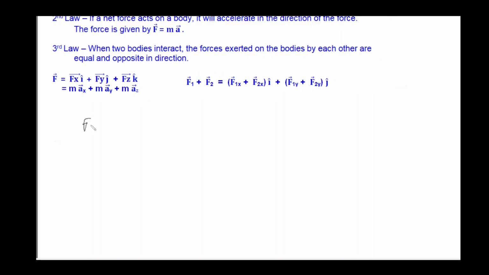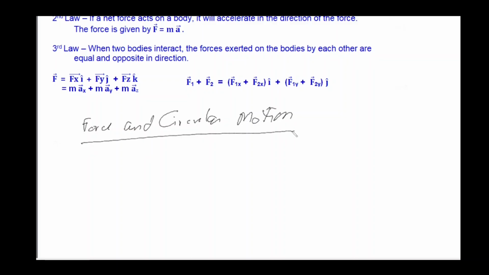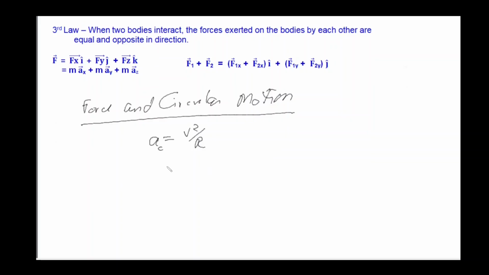Now let's talk about force and circular motion. We saw in a previous video that when an object moves in uniform circular motion, its acceleration is equal to v squared over r, where the acceleration is centripetal or points towards the center.